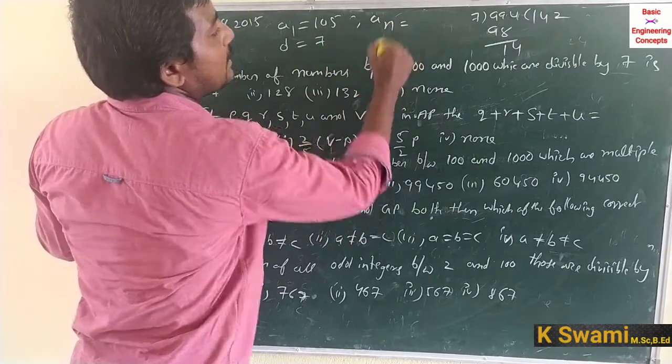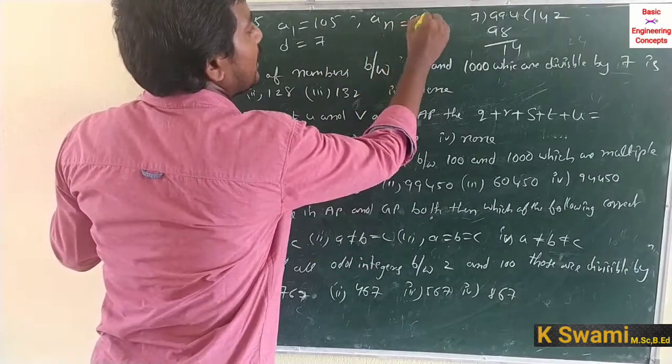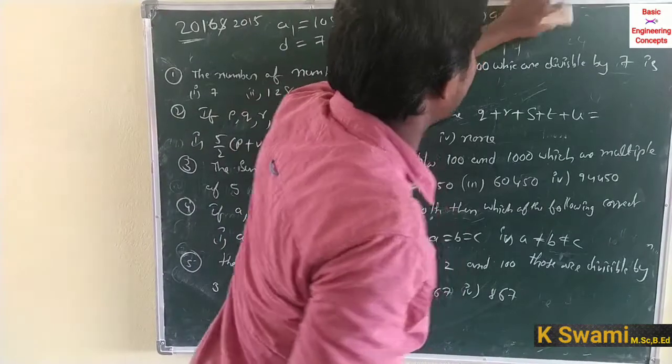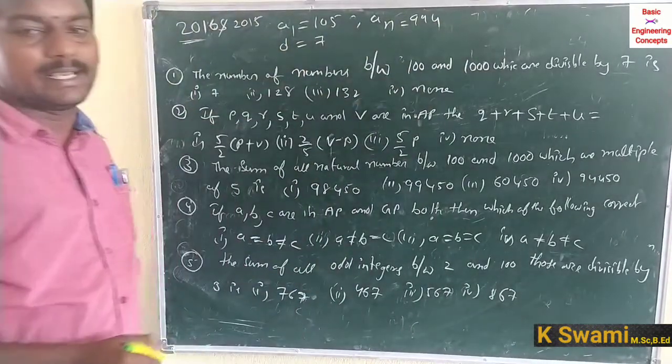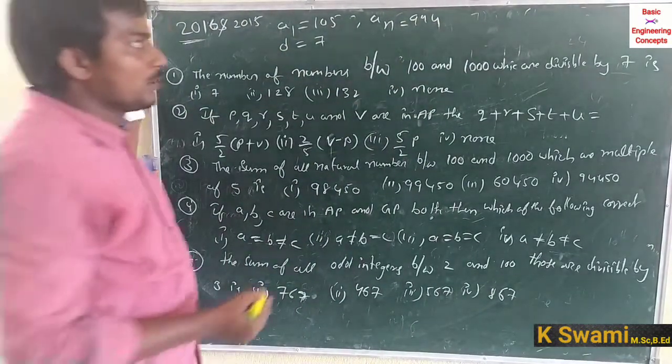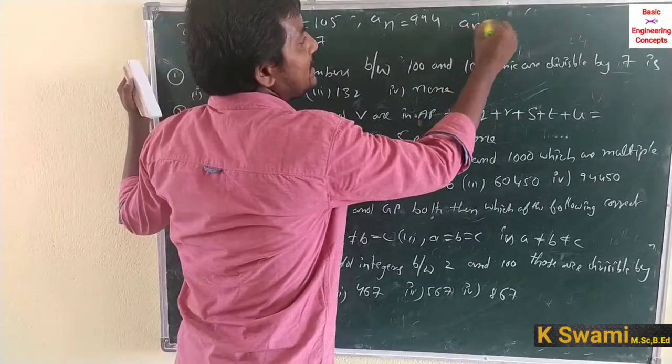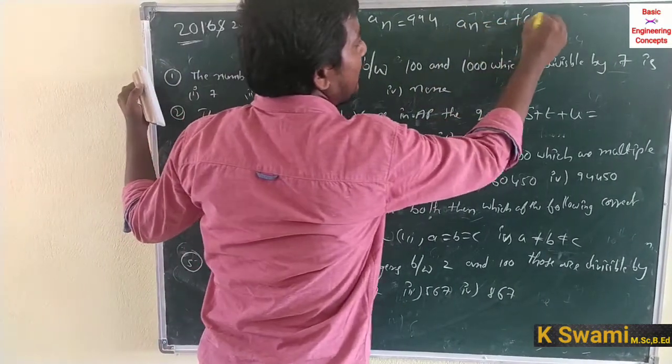సో an is equal to 994. The number of terms is means n. Now that an is equal to a plus n minus 1 into d.